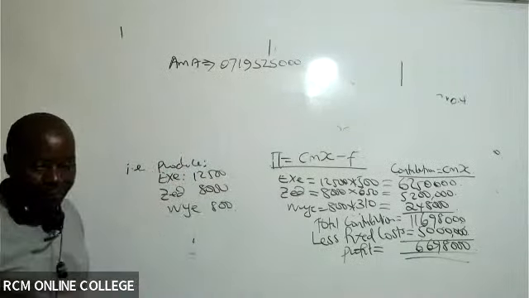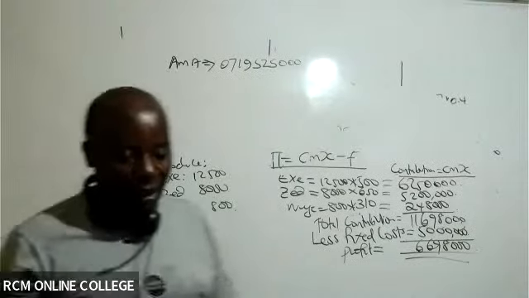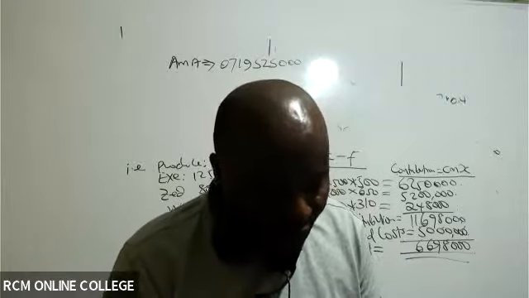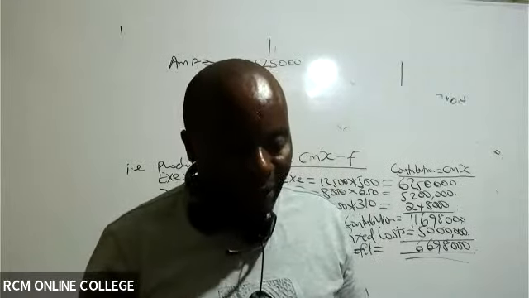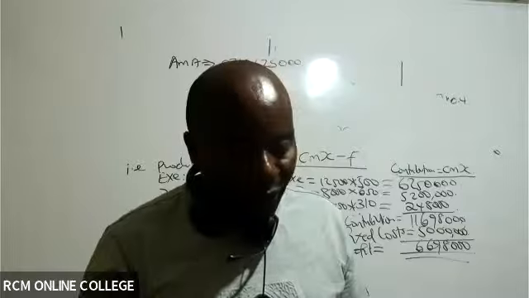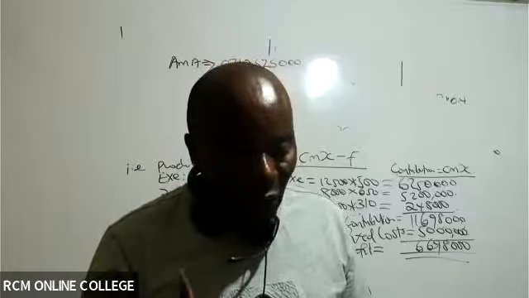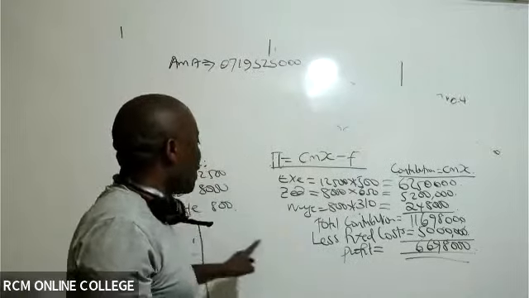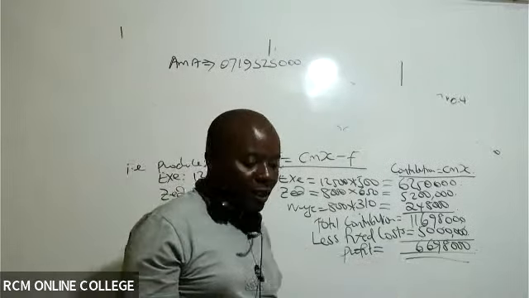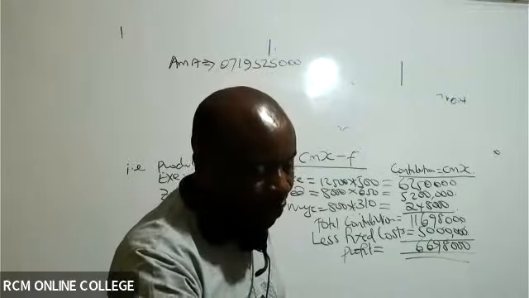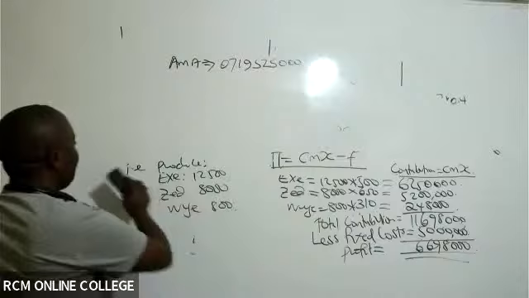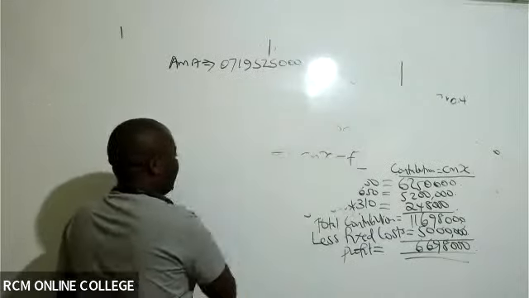Please read the question very well: advise the management of Zinc Limited on the most profitable production mix and the optimal profit. So we have gotten the production mix and the optimal profit using limiting factor analysis, and then number 2 using throughput accounting. Very easy.